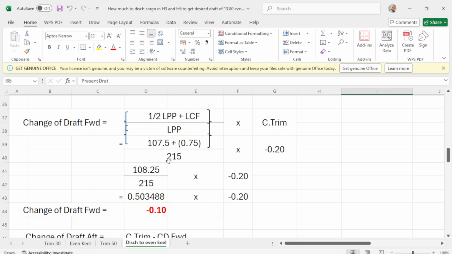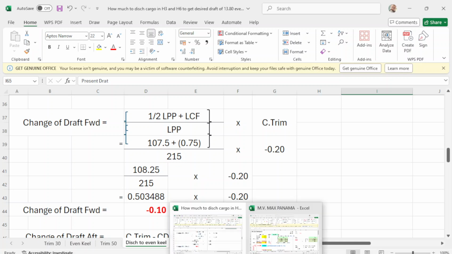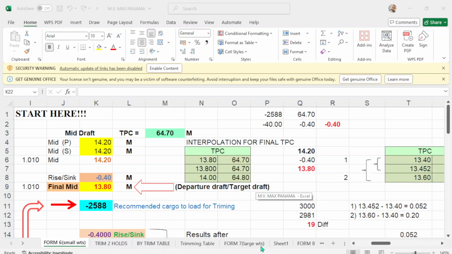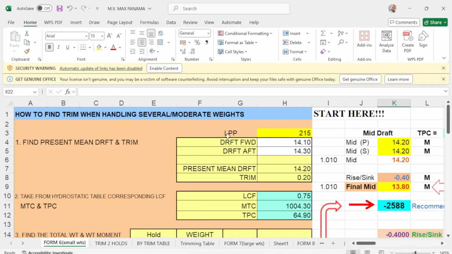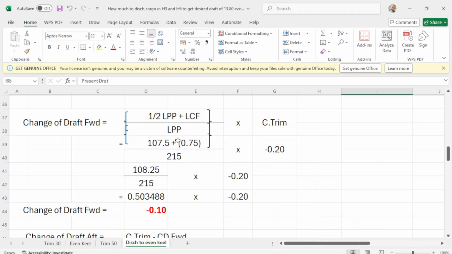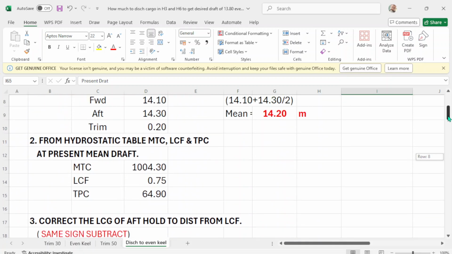length between perpendicular is 215. Okay, 215 plus your LCF.